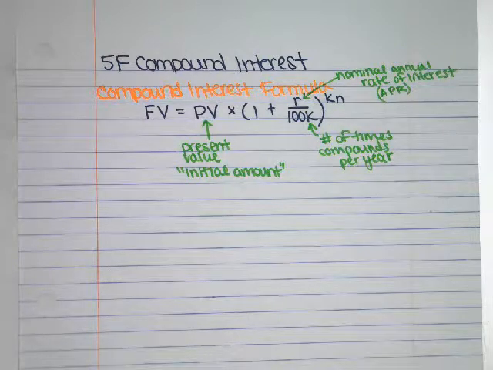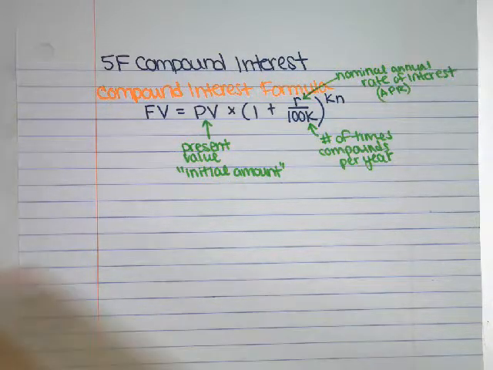So if you get 5% for the whole year, they give you a little bit for each month, and at the end of the year you've got your total of 5%. They might break it up by the week, or give you interest every day. I don't know, who knows? They might even give it every minute, okay? But sometimes they take that nominal annual interest rate and break it down and give you pieces of it throughout the year. And that's where the K comes in handy.